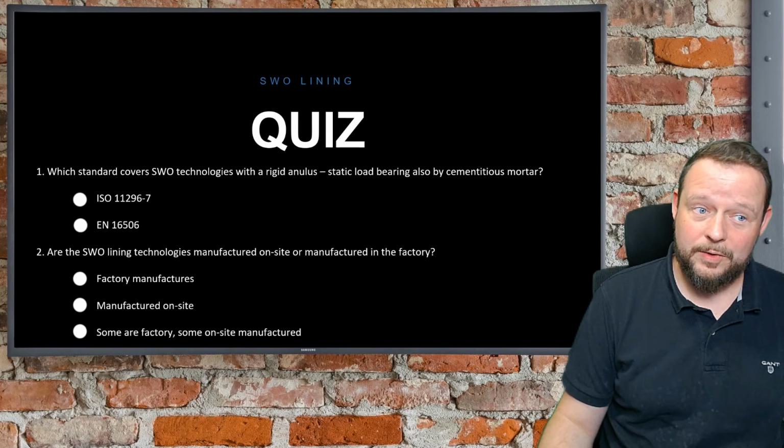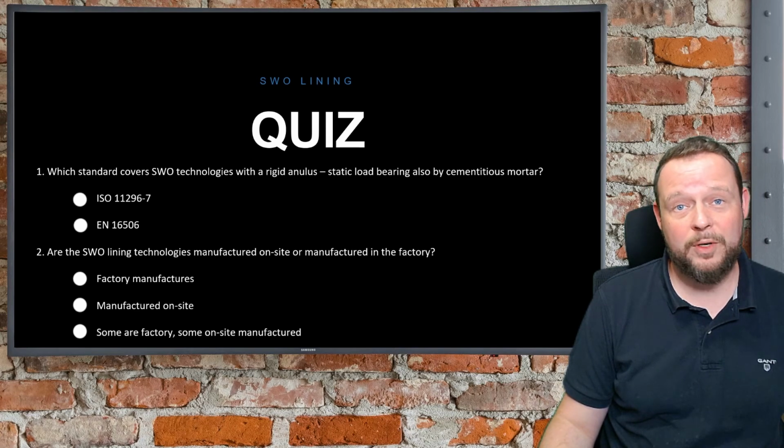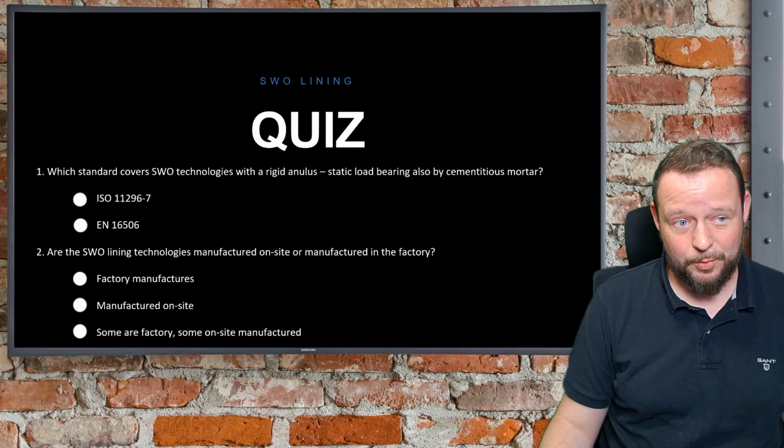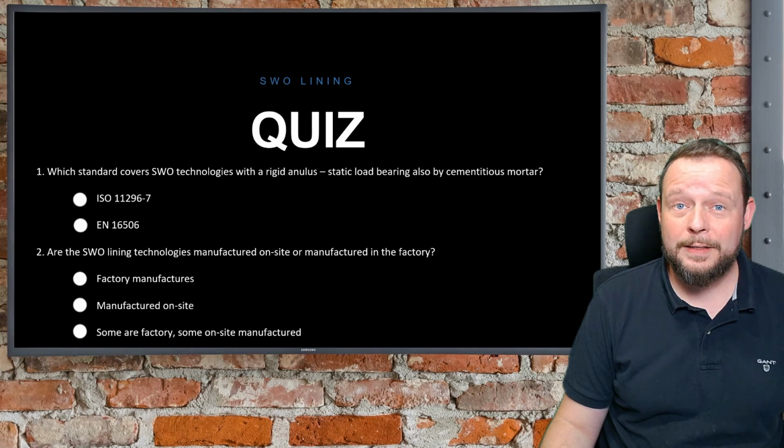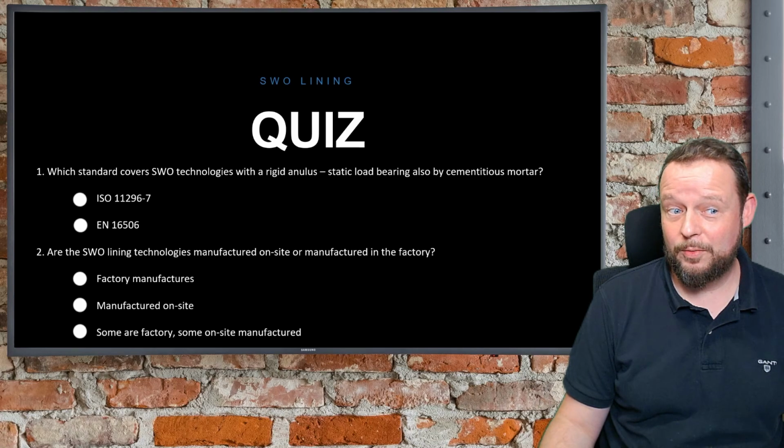Is it ISO 11296 part 7 or EN 16506? Second question, are the SWO lining technologies factory manufactured, manufactured on site, or some are factory, some on site manufactured?